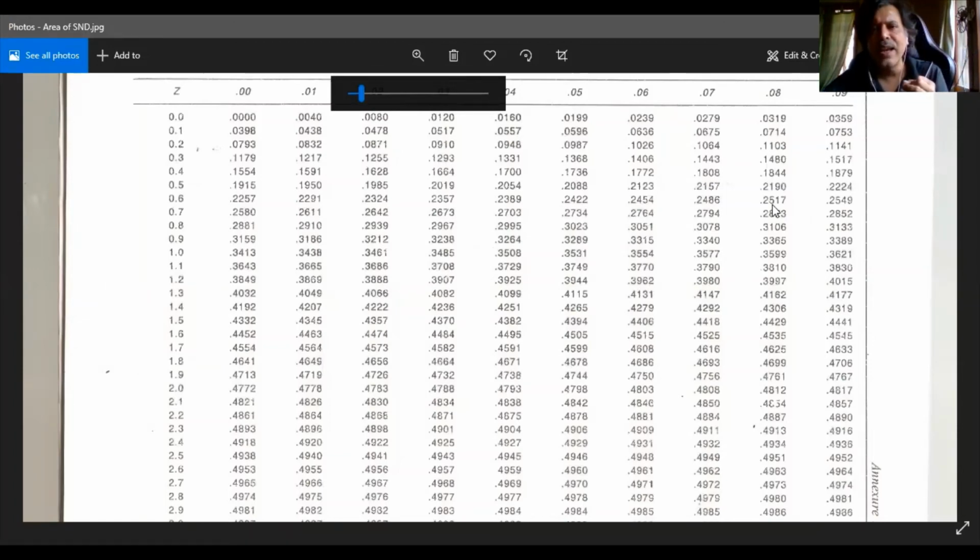Means we have two Z values. One is 0.67. For that, the probability is 0.2486. And then for 0.68, we have the probability as 0.2517. So let's remember this. One is 0.67, and for that it is 0.2486, and then 0.68, for that the probability is 0.2517.